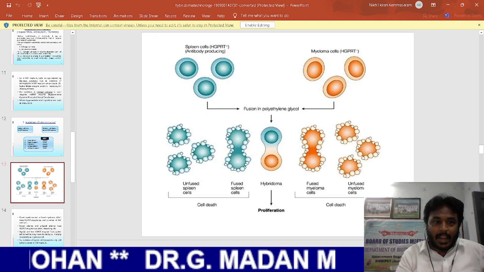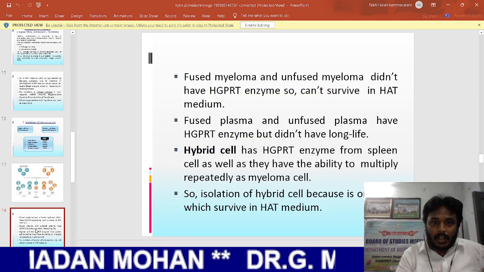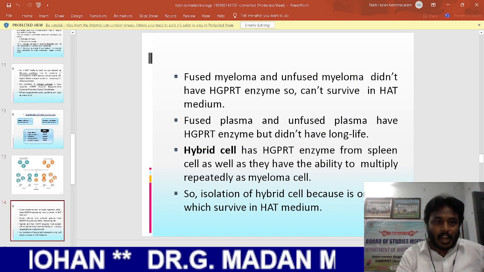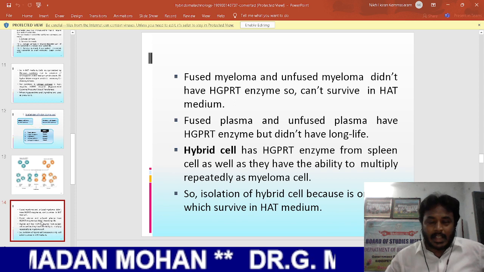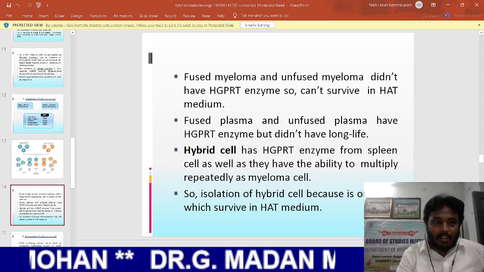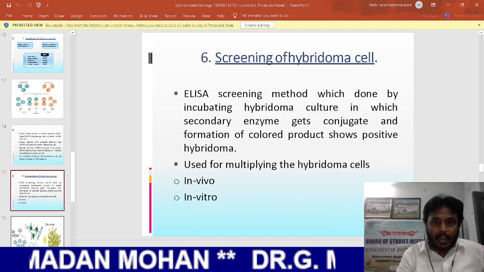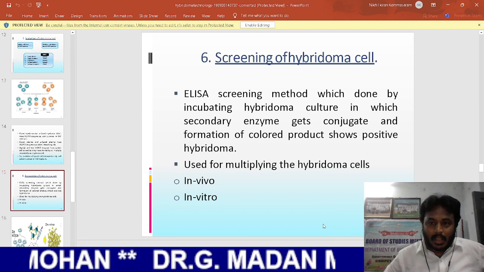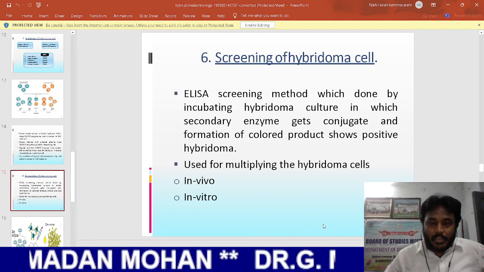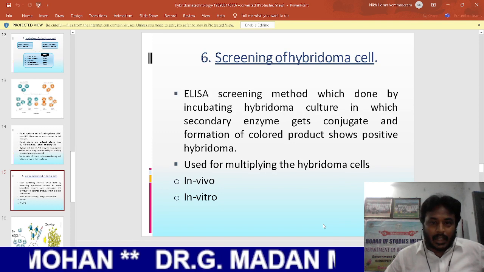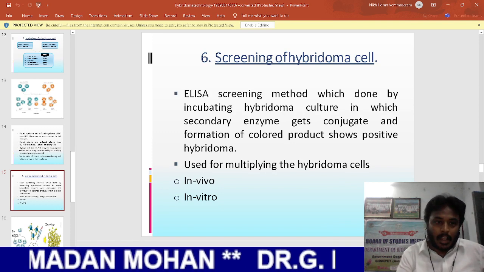The screening involves usage of ELISA. Here what we do is, we take a multi-well plate, and the multi-well plate is coated with the antigen that we introduced into the mouse in the beginning, and the selected hybridoma cells are introduced into this multi-well plate.